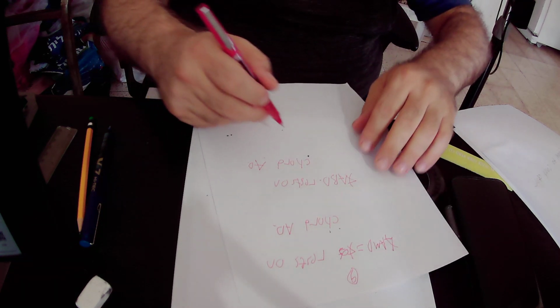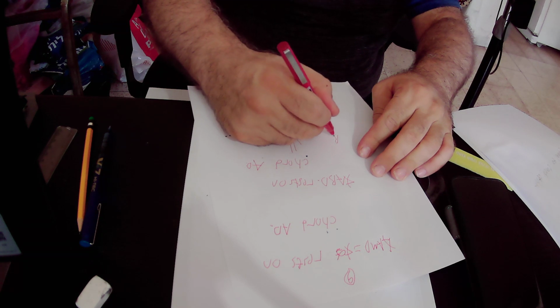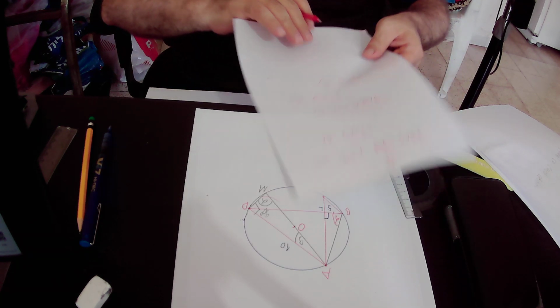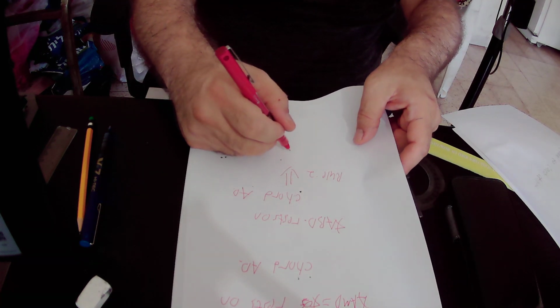Okay, so according to rule number 2, angle ABD also equals alpha.